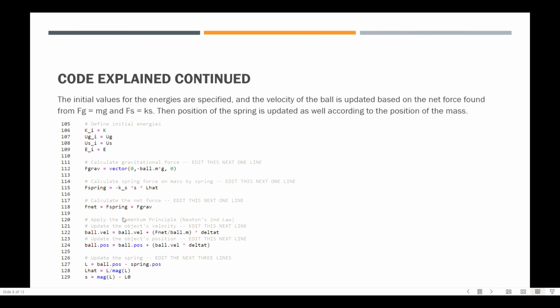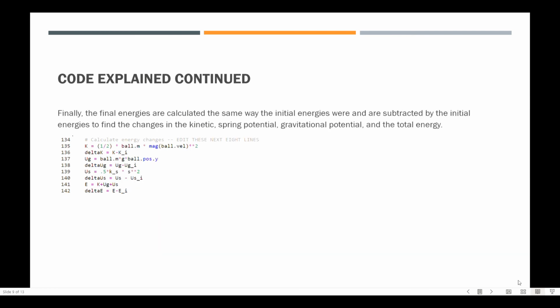Then the position of the spring is updated as well according to the position of the mass. Then the final energies are calculated the same way the initial ones were, and then are subtracted by the initial energies to find the changes in kinetic, spring potential, gravitational potential, and total energy.